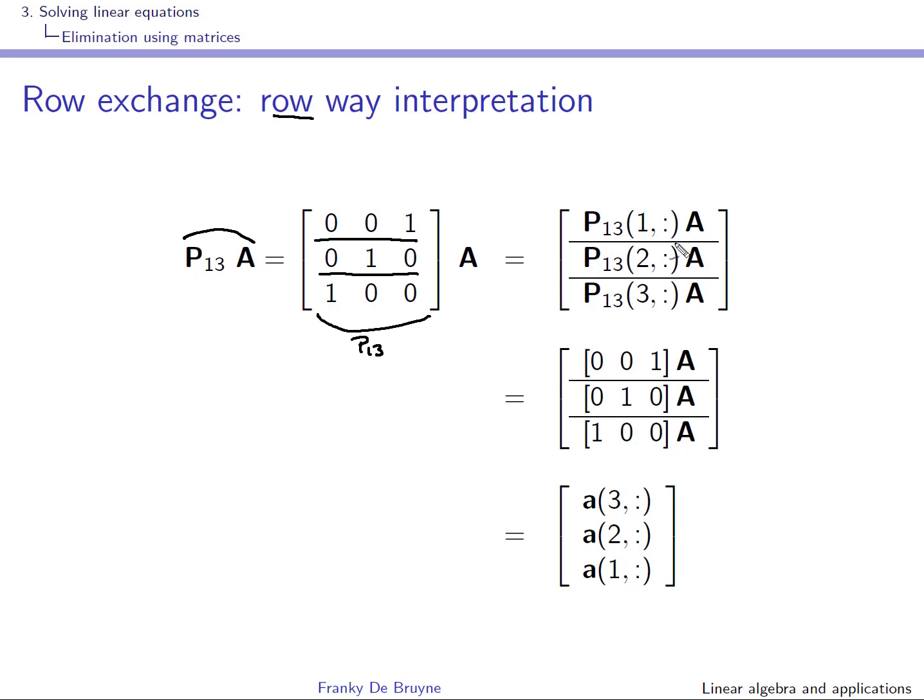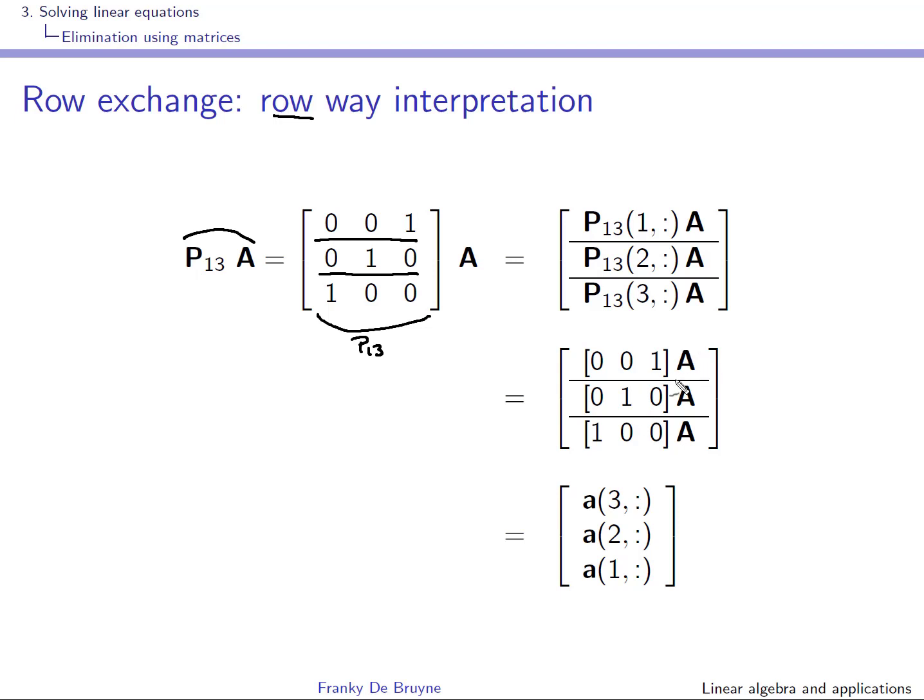So the first row of the product, it's simply the corresponding row times A, and you have the same result for all other rows. Okay, so each row is constructed from the corresponding row of the permutation matrix times A. Here these rows are simply 0, 0, 1, 0, 1, 0, and 1, 0, 0.